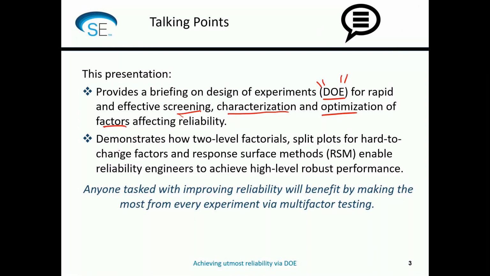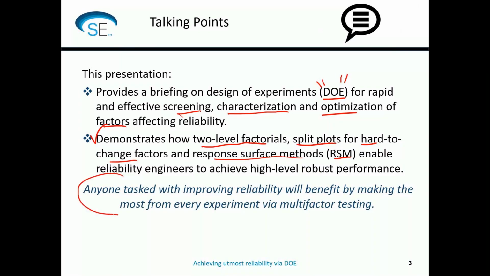And then I'll demonstrate how two-level factorials, split plots that handle hard-to-change factors, and response surface methods, or RSM, enable reliability engineers or other engineers like myself to achieve high-level robust performance, which we all want to accomplish.